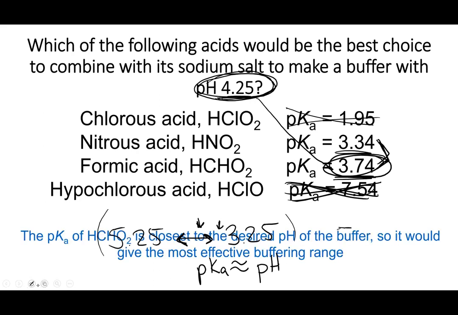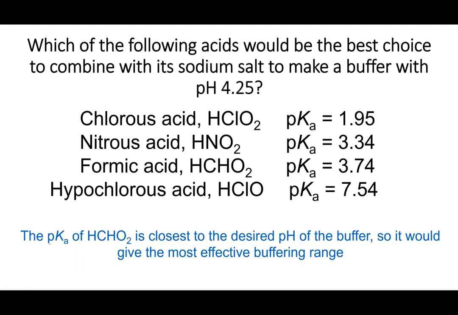So the best buffer to use would be the formic acid buffer. So pKa is closest to the desired pH, and then also within the range, that would be the most effective buffer. So that's buffering, range, effectiveness, capacity. Like I said, your textbook has a lot more details on this, but I wanted to give you just a quick look at it. I hope you guys found this helpful.